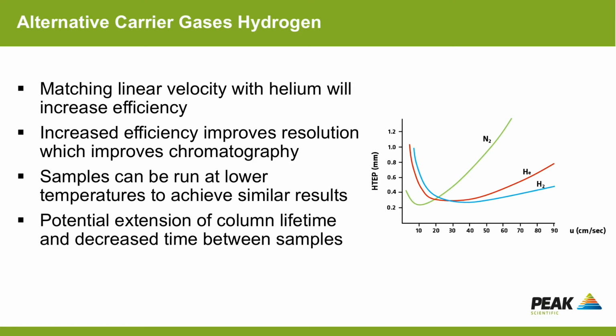If we look at the typical linear velocity range of helium, which tends to be 30 to 40 centimeters per second, and run samples using hydrogen carrier gas across this kind of linear velocity, we tend to see slightly better efficiency, so slightly better chromatography results.